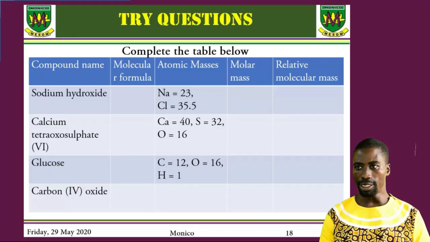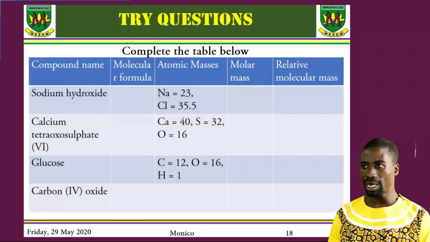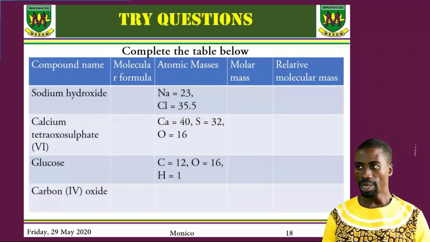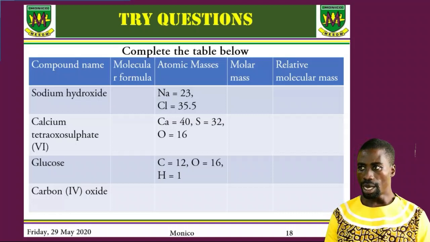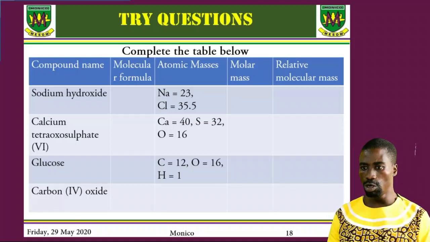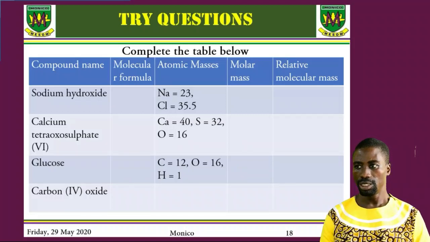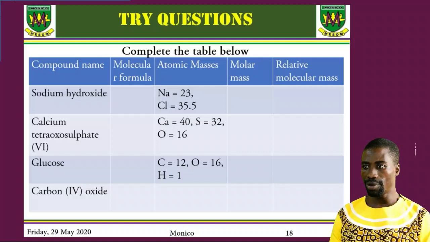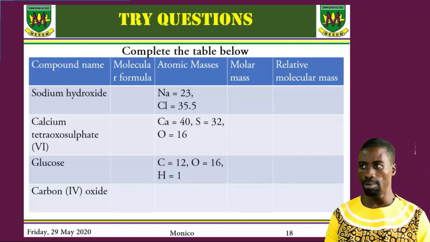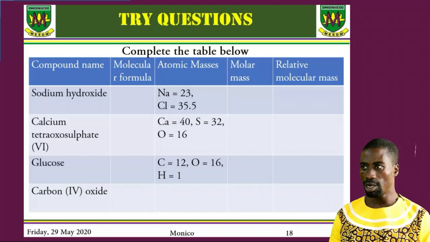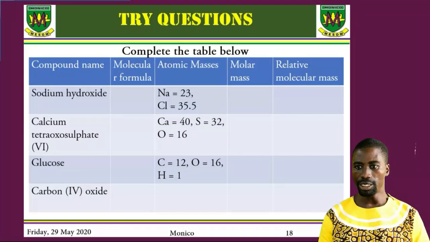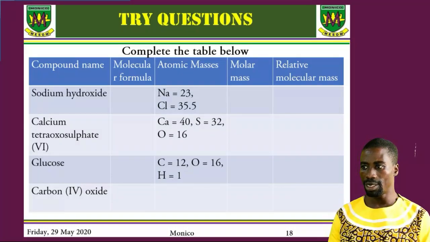So you are to complete it by calculating your molar mass and then the relative molecular masses. You will then tell your observation as far as the computation for molar mass and relative molecular masses are concerned, and that will let you understand the differences and the similarities between the two.